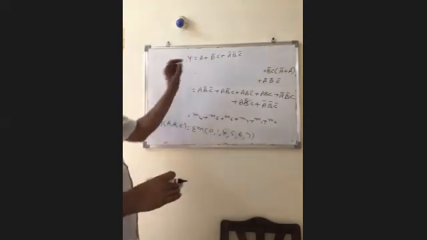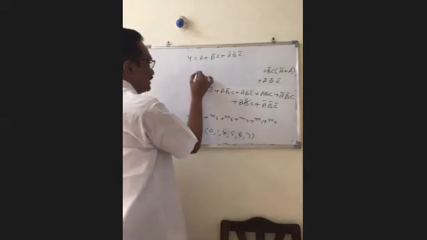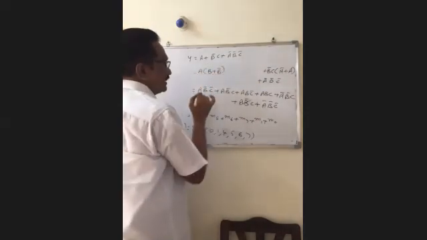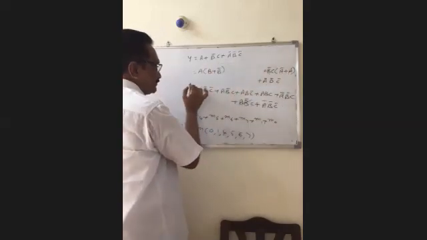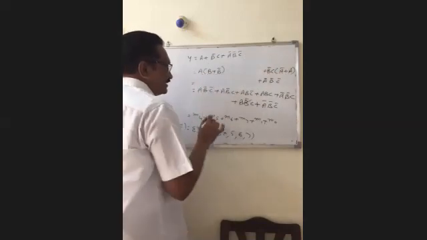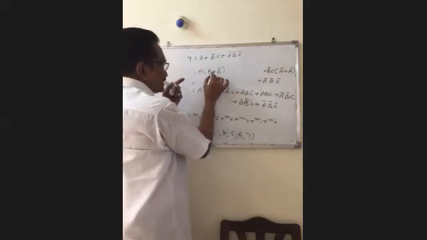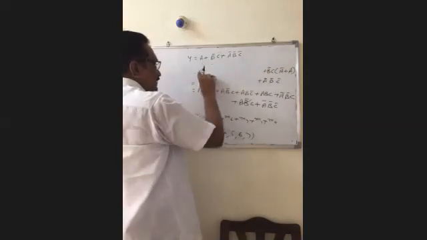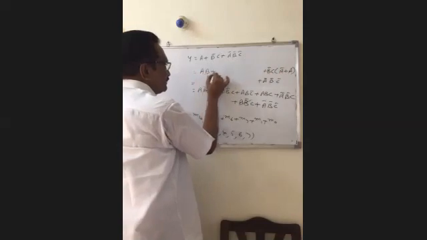So in this term, two variables are missing. First, consider one variable. So write here A into B plus B bar. The remaining one is the same. In the next step, A plus B plus B bar, so AB plus AB bar.